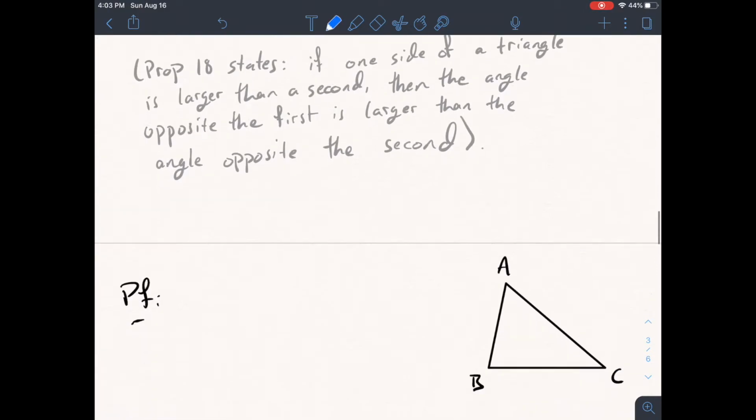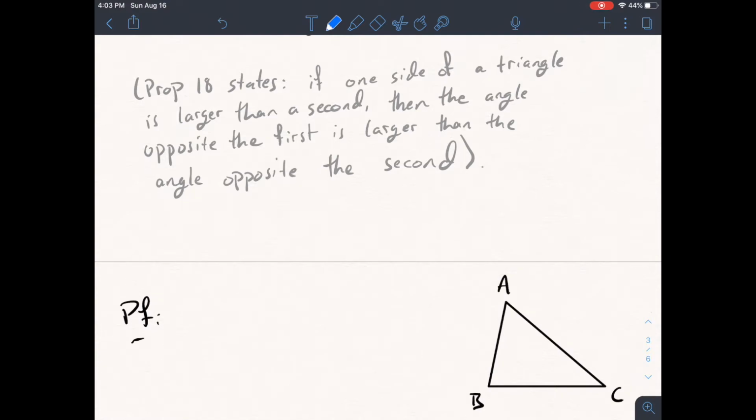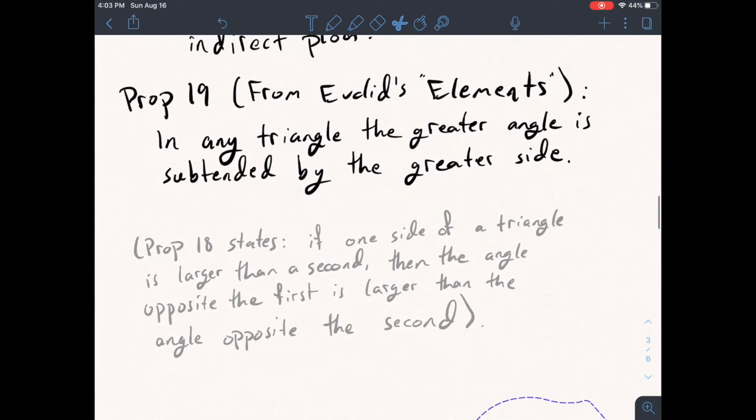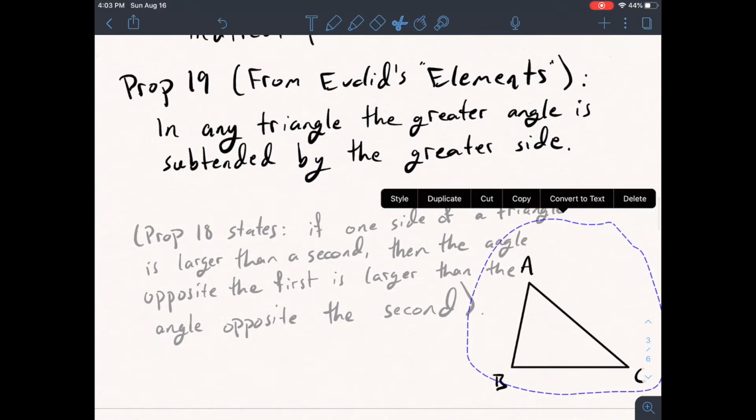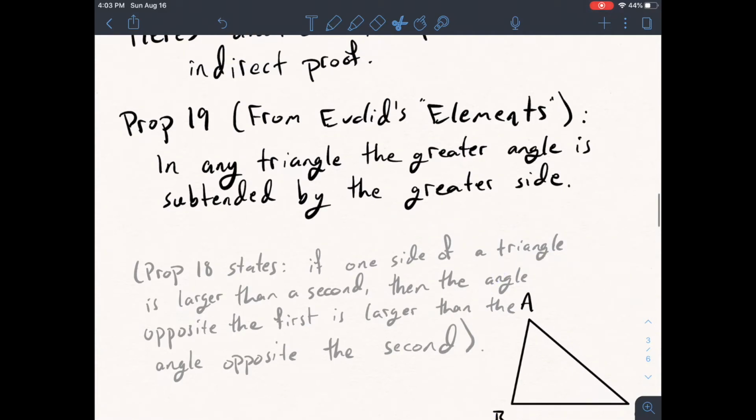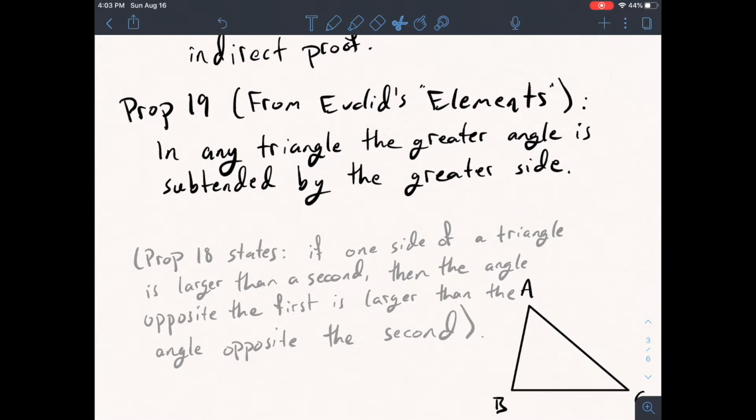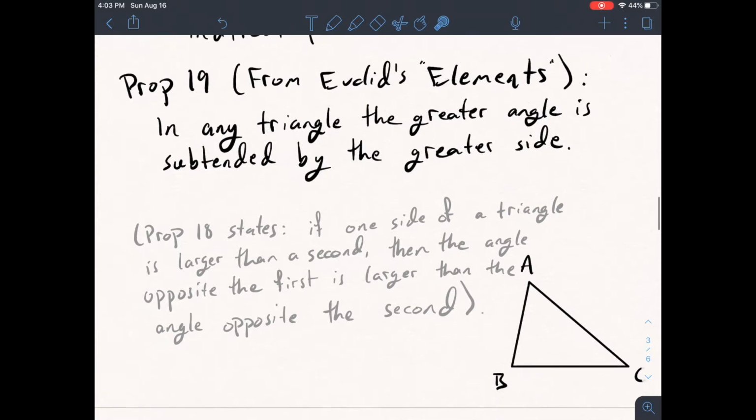So let me bring this up so that I can talk about it. Yeah, so Proposition 19 says that in any triangle, the greater angle is subtended by the greater side.